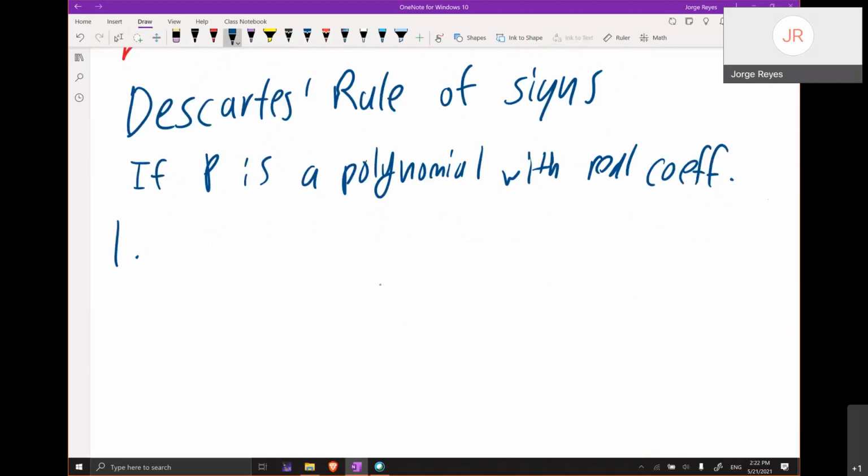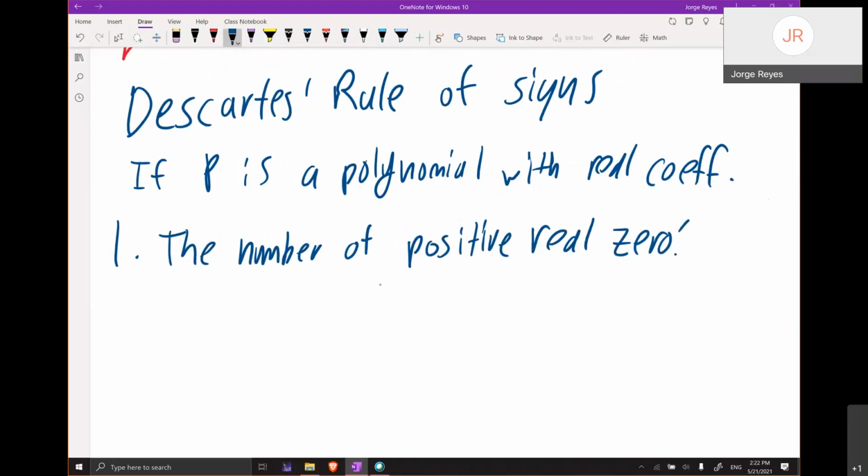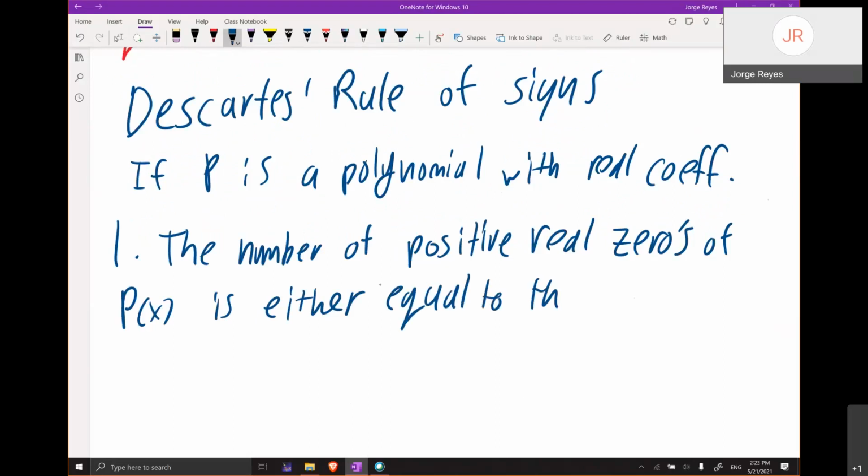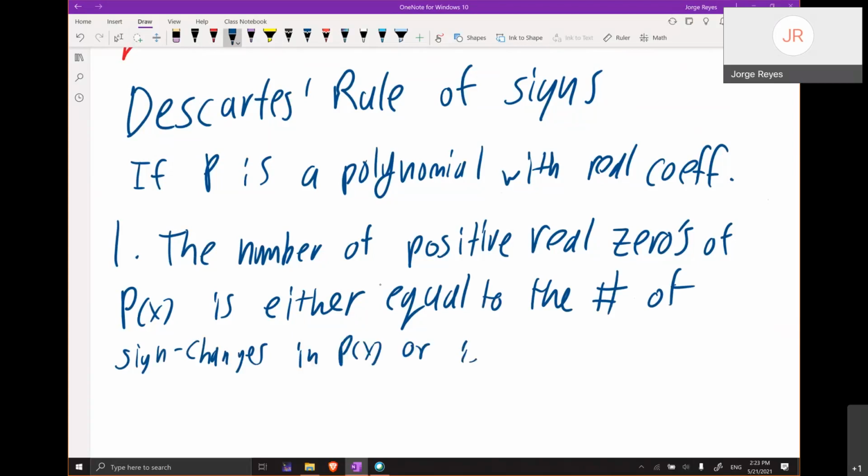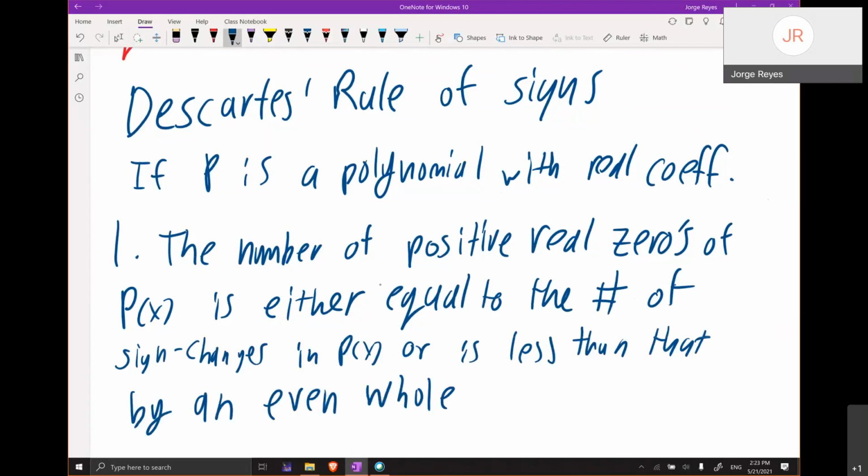It's pretty long, but the number of positive, okay, real zeros of a polynomial, okay, p of x, is either equal to the number, I'm going to use this, the number of sign changes, okay, in p of x, or is less than that by an even number. All right, even whole number.